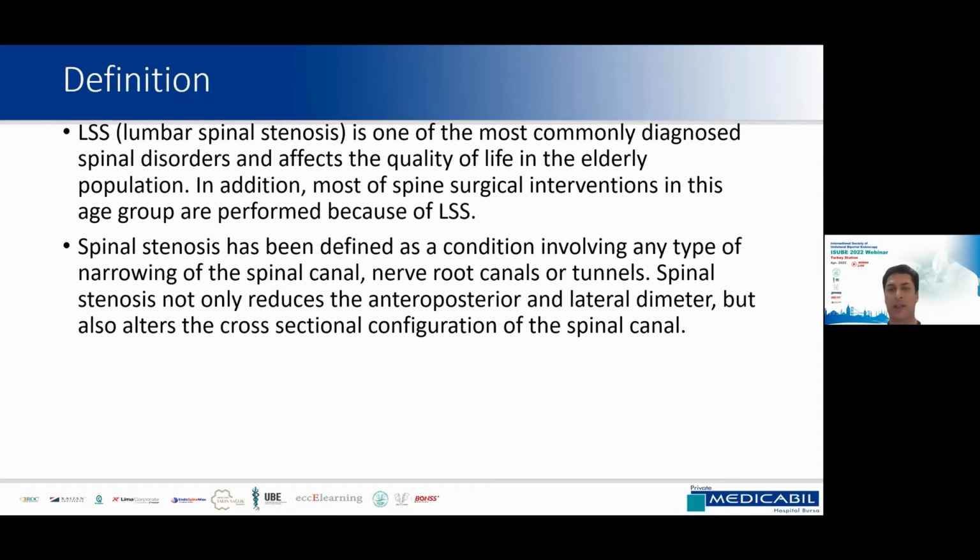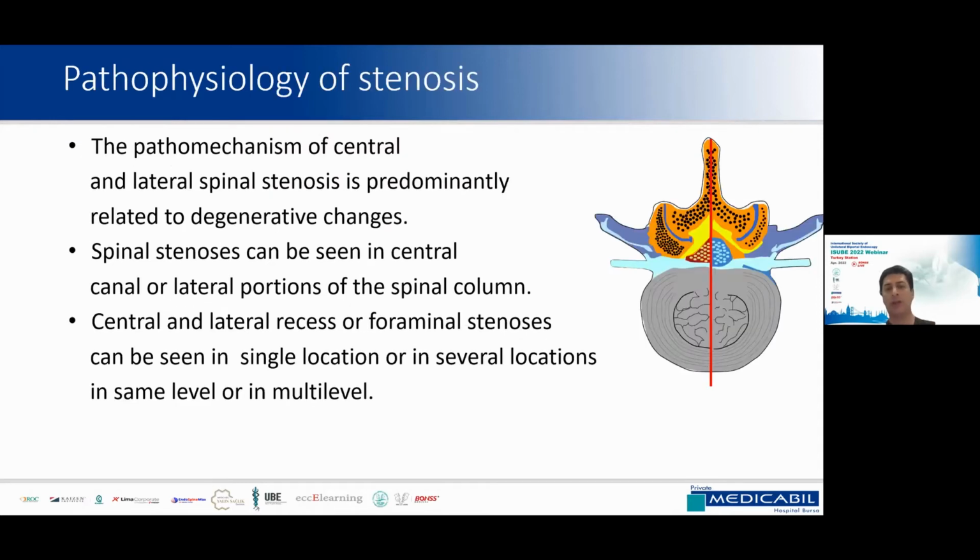And also, especially in endoscopic surgery, we should be aware of the pathophysiology of the stenosis. The pathomechanism and the pathology locations are very important. The pathomechanism of central or lateral spinal stenosis is predominantly related to degenerative changes, as you know, and spinal stenosis can be seen in the central or lateral portion of the spinal column.